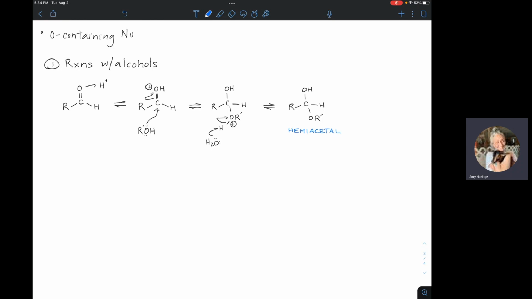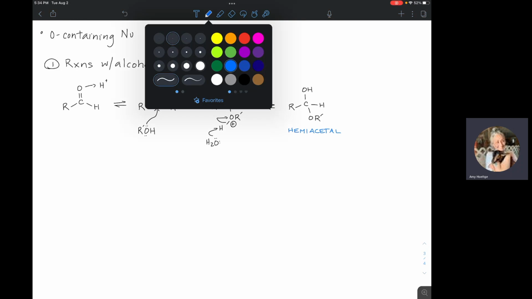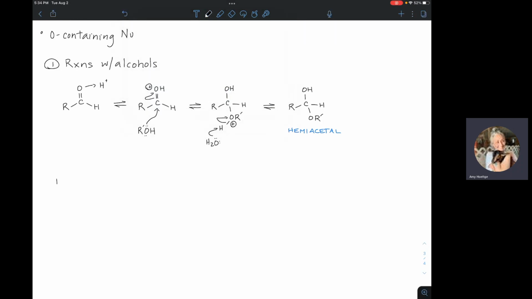You could do the same reaction with a ketone. The difference would be there wouldn't be a hydrogen there, there'd be an R group there. If that was done with a ketone, it would be called a hemiketal. So in other words, you can do the same thing with a ketone.